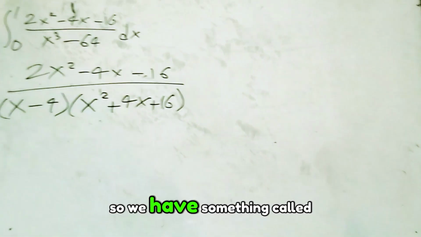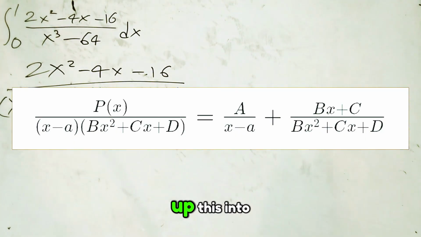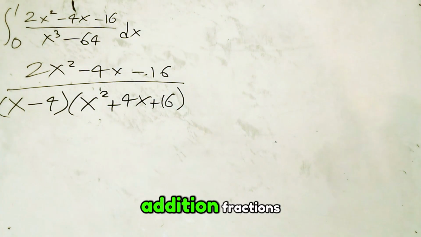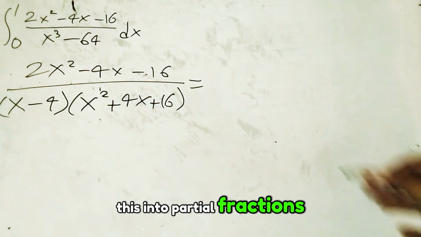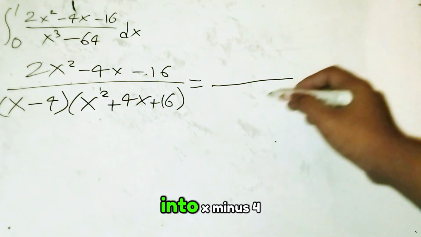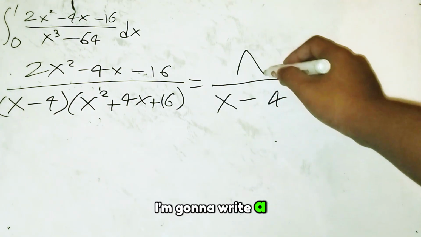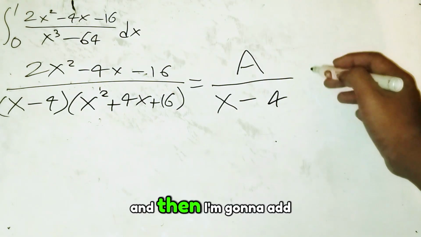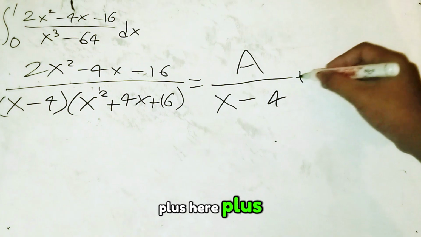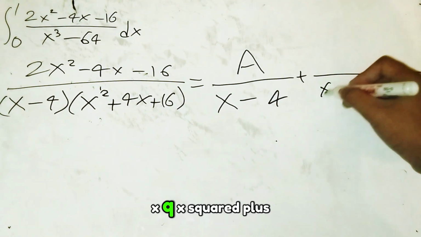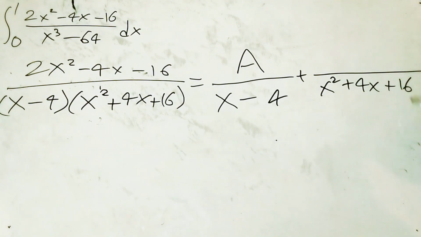So we have something called partial fractions, which is just basically splitting this up into addition fractions. So if I wanna convert this into partial fractions, I can convert this into x minus 4, and up here I'm gonna write a, and then plus x squared plus 4x plus 16.